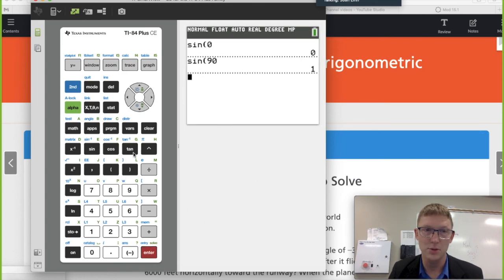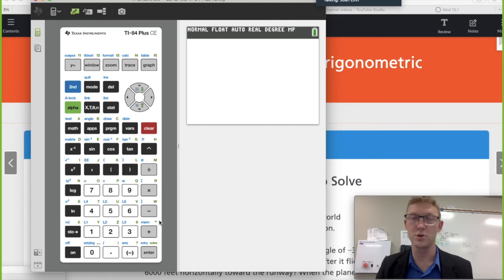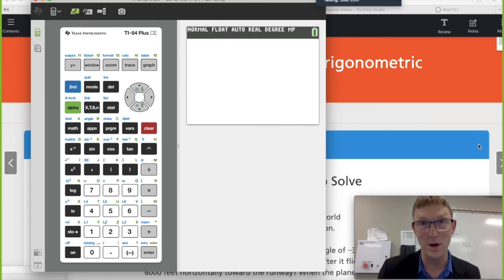So you can double check with some of your easier trig functions that way. So make sure you know how to use your calculator, because as you saw, you can't solve some of the questions unless your calculator is in the right mode. So there you go. That's our trig functions for section 15.2, and test them out on the Check on Learning.